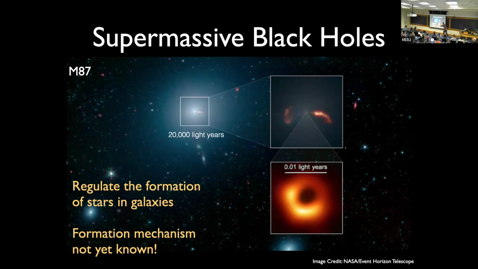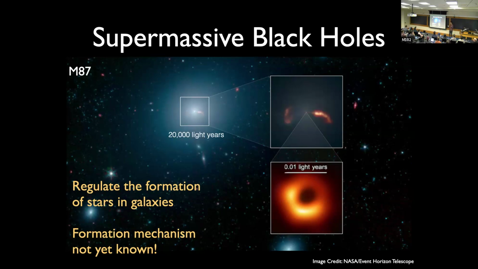We can also resolve the event horizon of the black hole using the EHT. And these play an important role in galaxy formation because they're the most efficient way to turn mass into energy. That means they can feed back negatively on a galaxy as they're accreting, and limit and regulate star formation in those galaxies. They also play an important role in lots of current exciting JWST results about black holes accreting at high redshift that we're seeing.